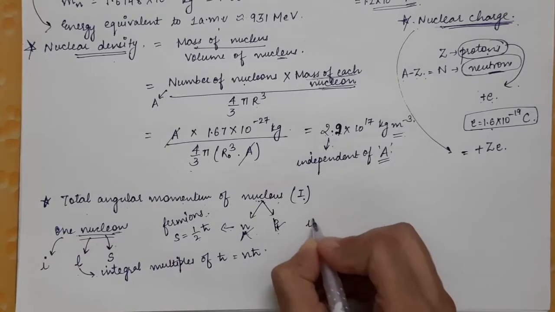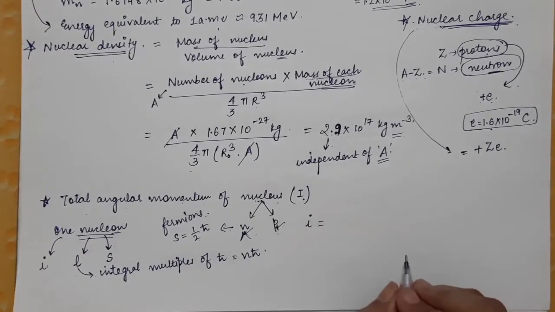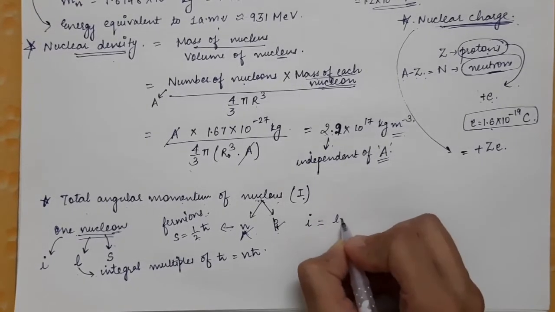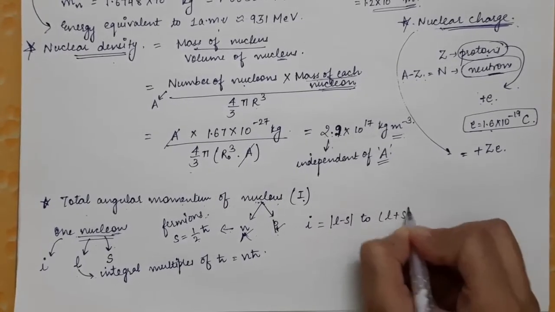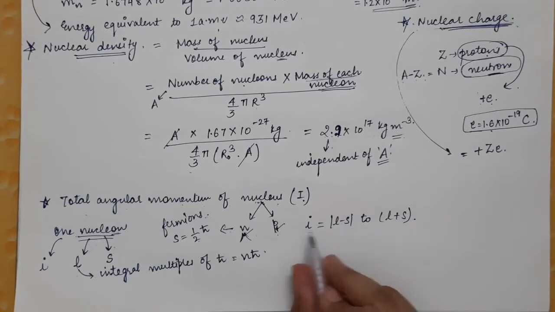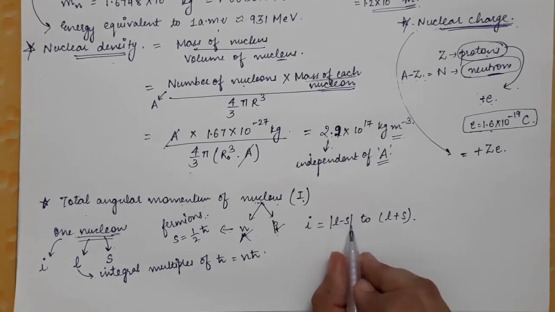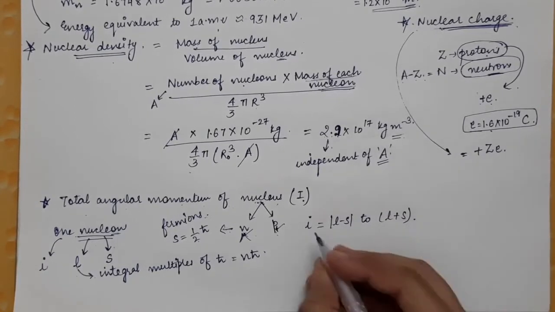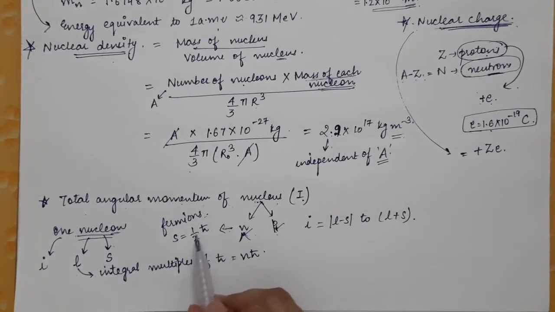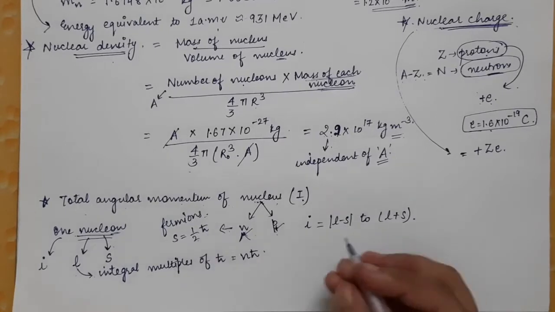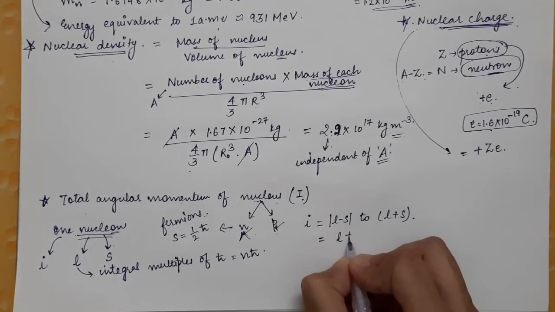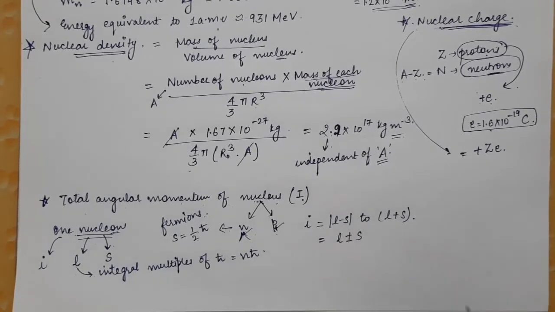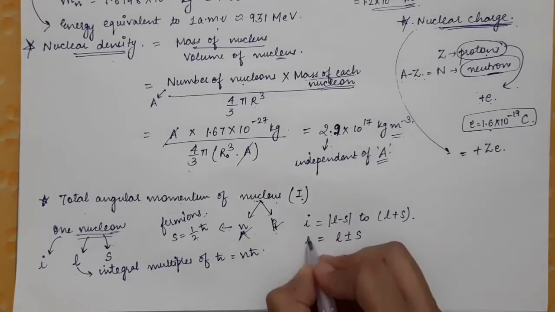So small i will take values from l minus s to l plus s. But as you know, s has only one value, which is half h cut. So there will be only two values of i, which will be l plus s or l minus s.